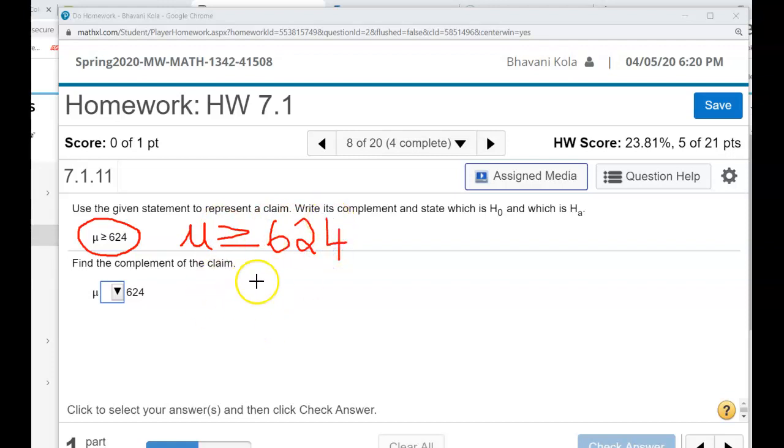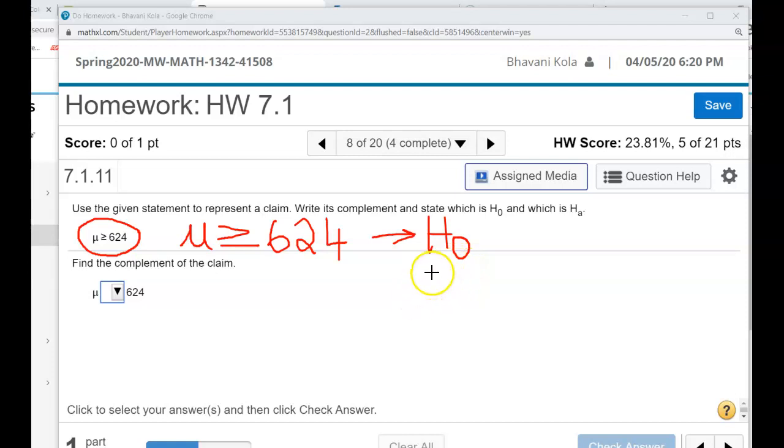That's what they are claiming. Remember, as soon as you know it has an equal to sign, what is that? Is it H naught or HA? H naught, because it has an equal to sign.